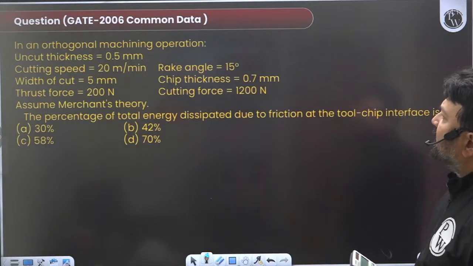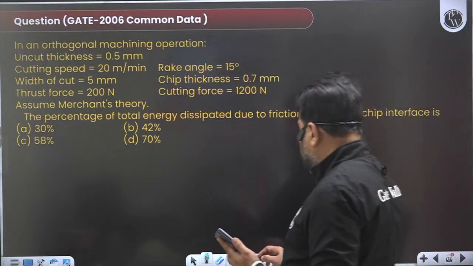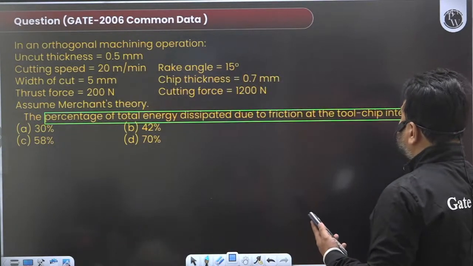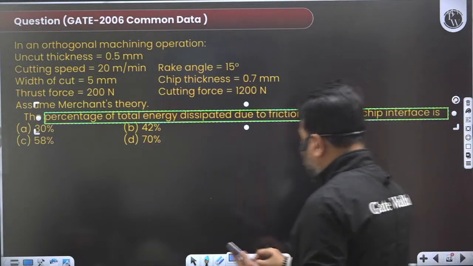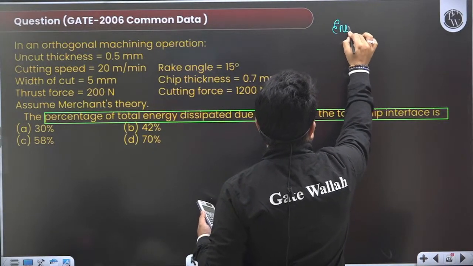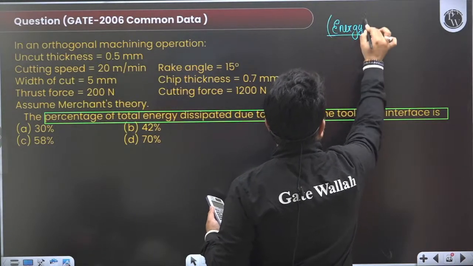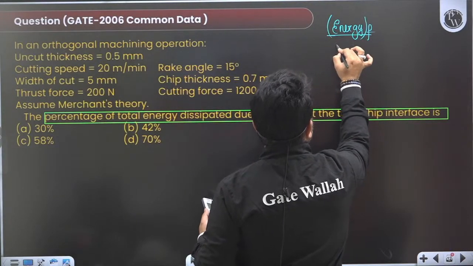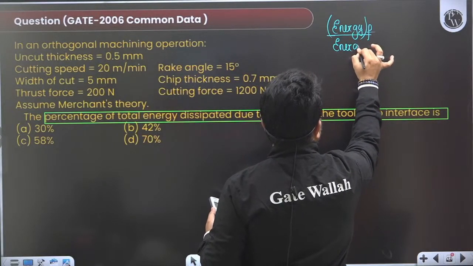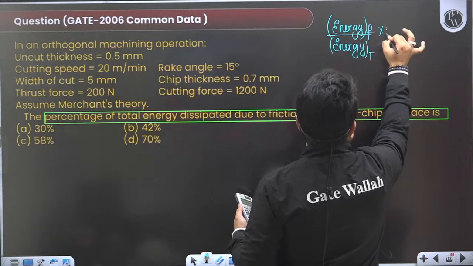Now, in an orthogonal machining operation, uncut chip thickness is given. They want the percent of total energy dissipated in friction. That means the energy dissipated in friction versus the total energy, into 100.